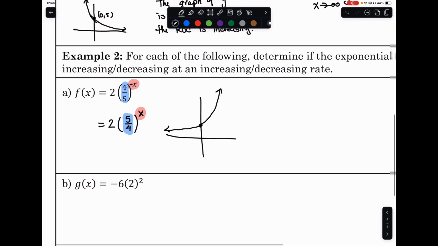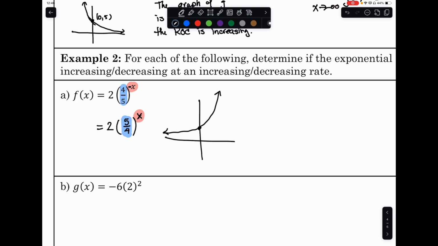So as you can see, this graph is concaving up, or the graph increases while the rate of change also increases. Because this is an exponential growth function, the left end is bounded.